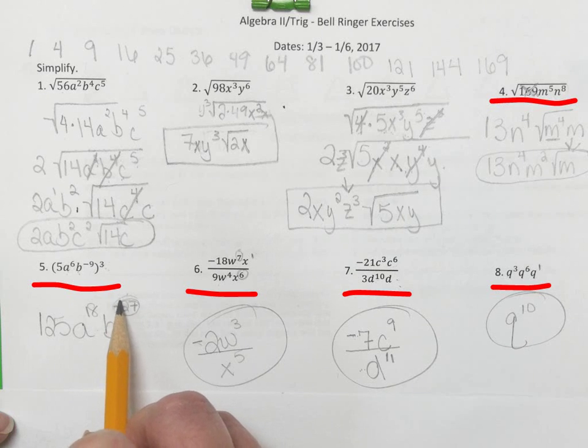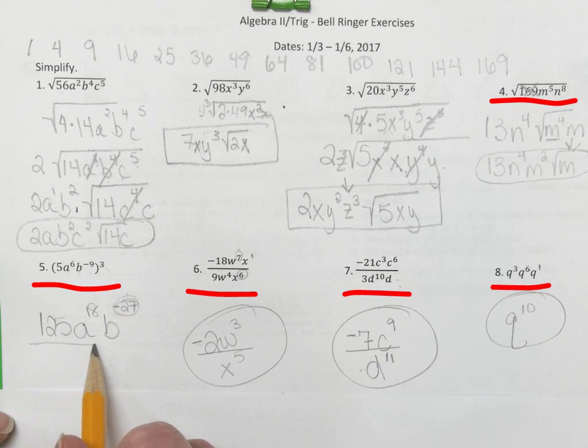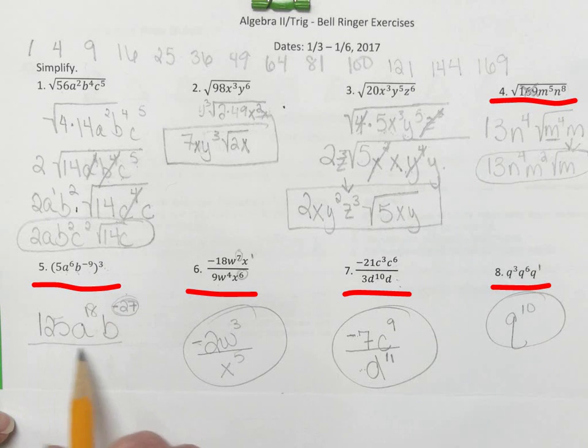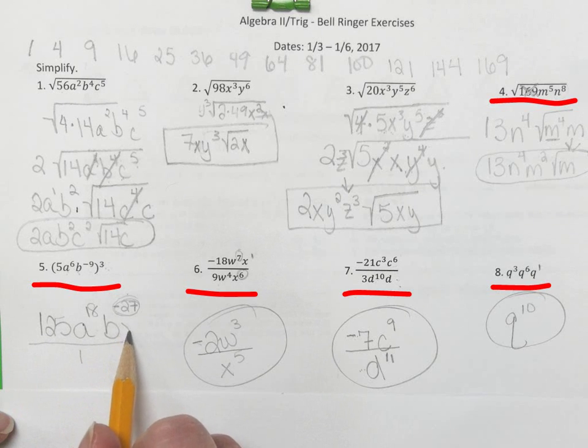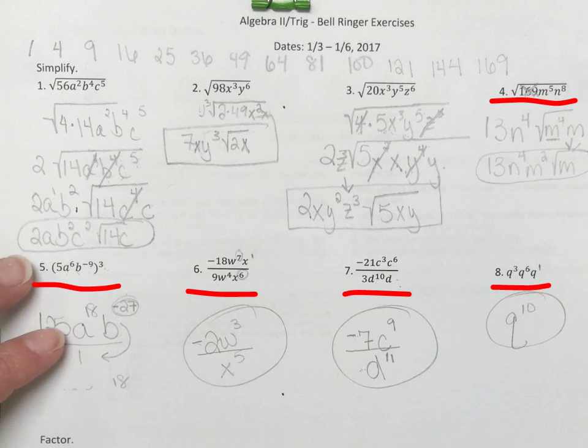How do I fix it? You move it to the opposite spot, right? Anytime you make anything a fraction, it's all over what number? 1. So this is just going to move to the bottom. So 125, a to the 18 over. Oh, I'm writing on the other paper.